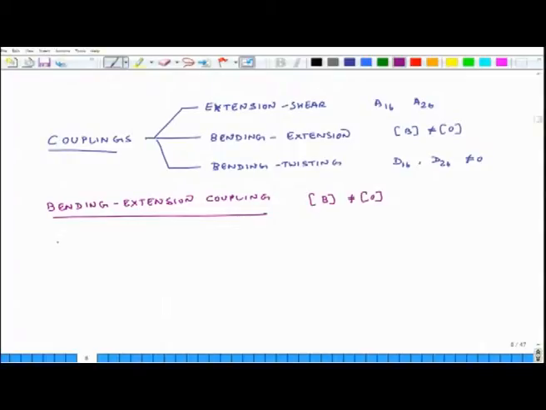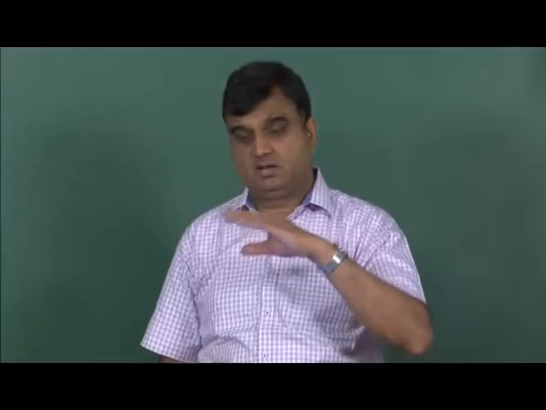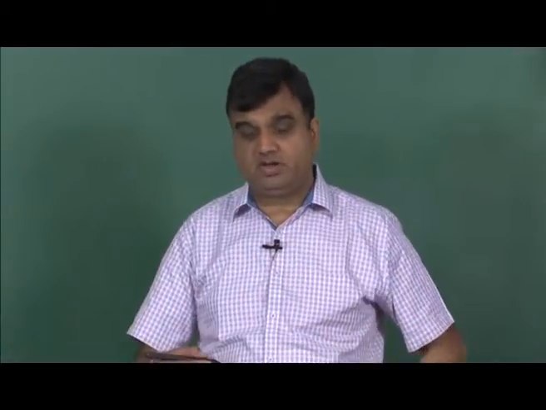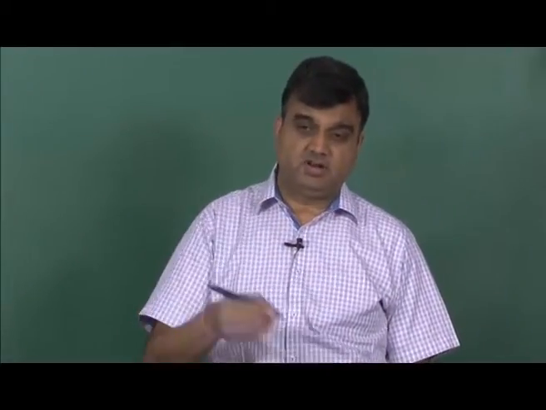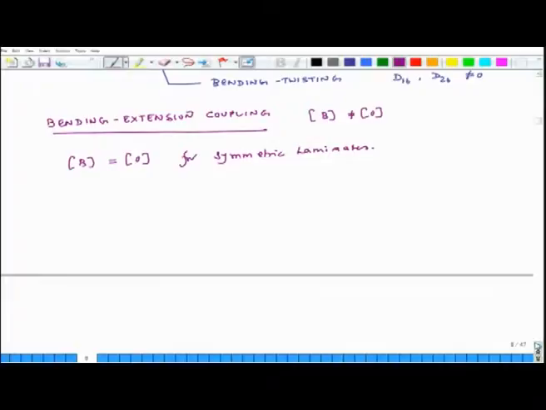We had explained earlier, and now we will discuss the details, that B is 0 for symmetric laminates. That is, if there is a layer oriented at positive angle theta at a particular distance below the midplane, and if there is a similar layer above the midplane oriented in the same direction, then that kind of laminate is a symmetric laminate. So, we will discuss this further.